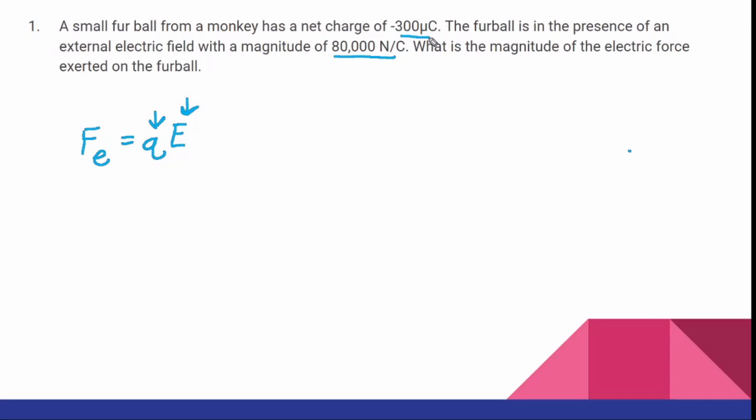We are given our charge, and we are given our electric field. They're here and here. So then we will have negative 300 times 10 to the negative 6 coulombs, because micro is 10 to the negative 6. And then we multiply this by 8 times 10 to the 4th newtons over coulombs.